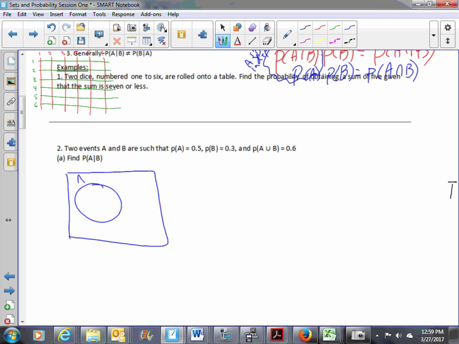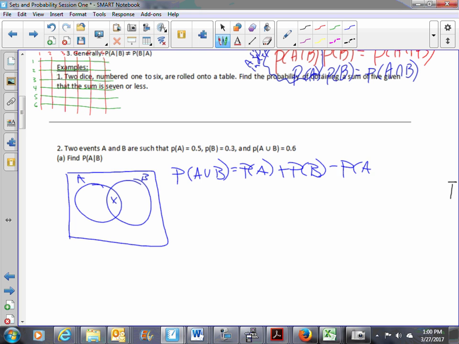Here's A, here's B. Now, probability of A is 0.5, probability of B is 0.3, and the probability of A union B is 0.6. Well, let's call this X. So the probability of A union B is equal to the probability of A plus the probability of B minus the probability of A intersect B. That's always true.